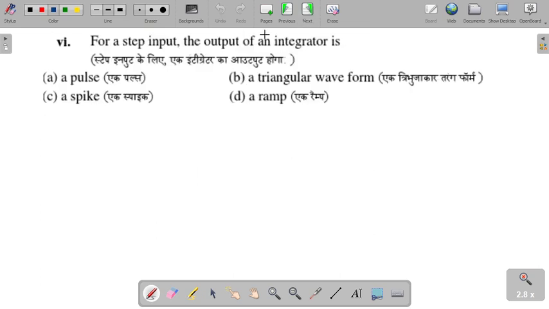6, for a step input, the output of an integrator is. So here what we will do, first of all I will make an integrator.